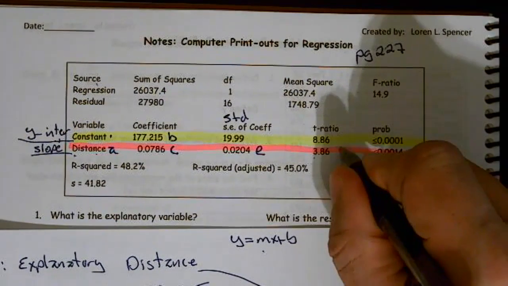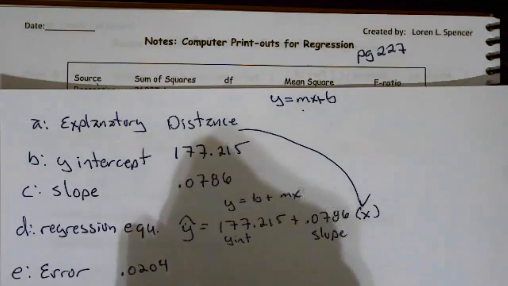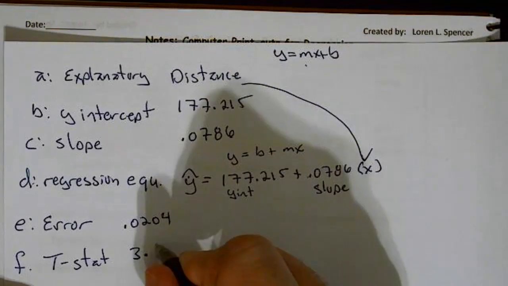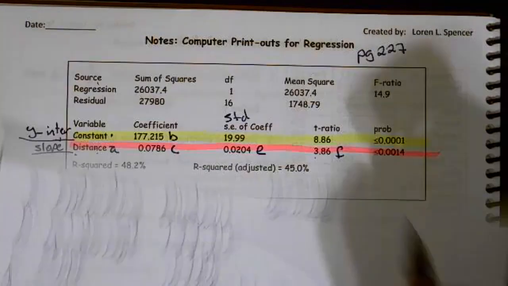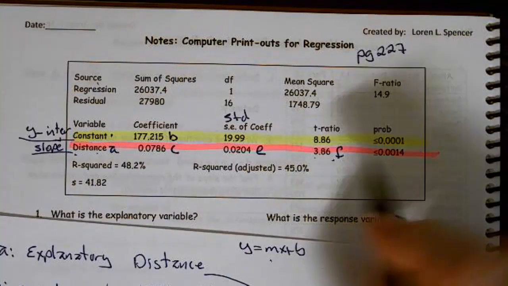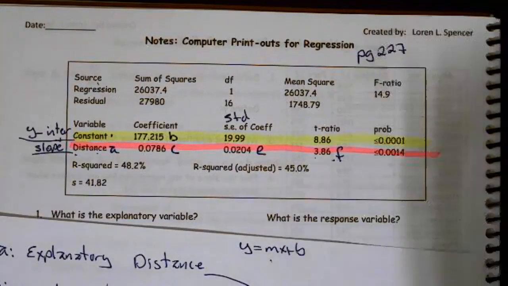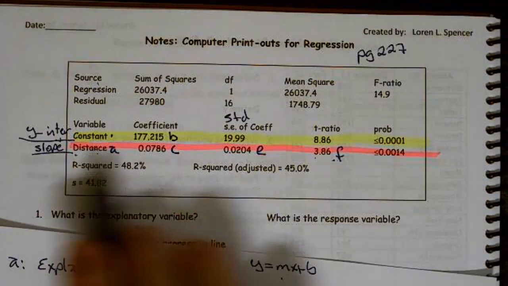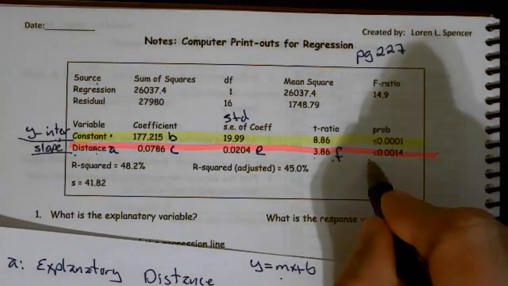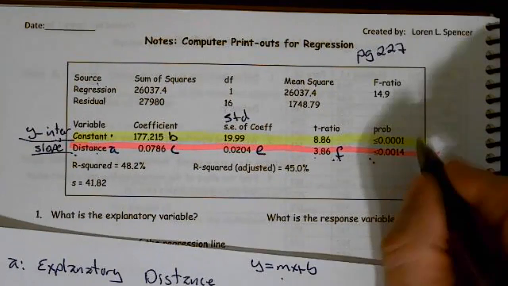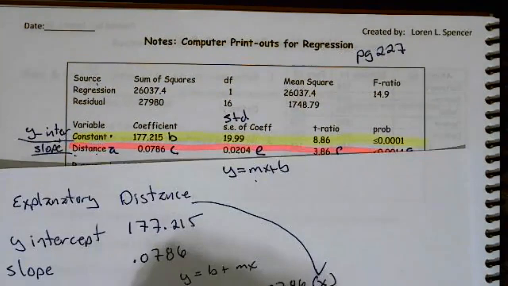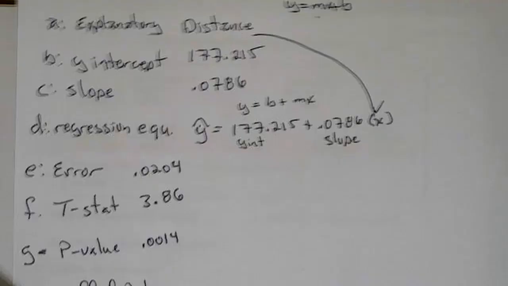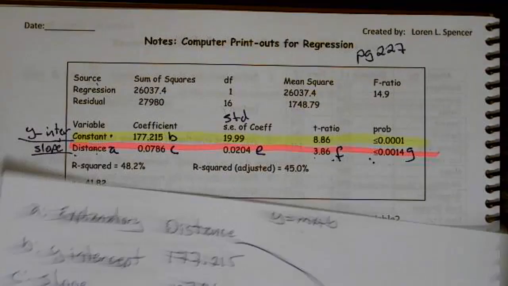That was letter F. And that value is just 3.86 right here, letter F. The next thing it's going to ask you for is the p-value of the slope, which means I need to be on the slope row, and there's my p-value, and that's letter G. So that's 0.0014. All right, so that's letter G.